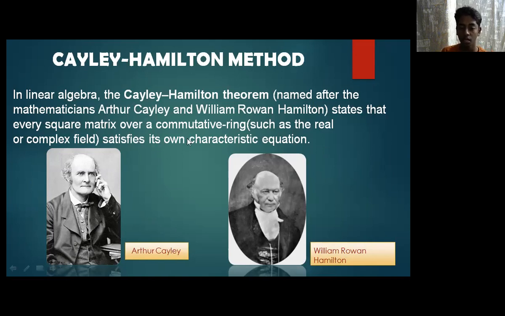Here characteristic equation means A minus lambda I is equal to 0, or A minus $I, as we have discussed earlier, is equal to 0, which has to be mentioned in modulus.